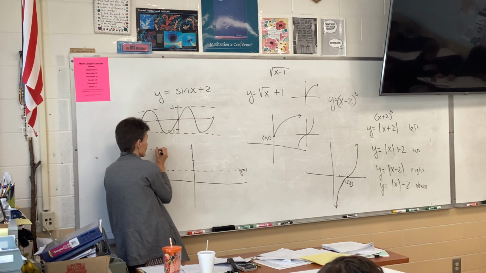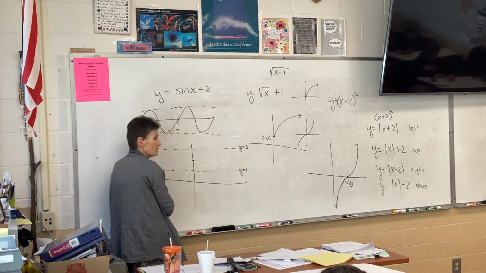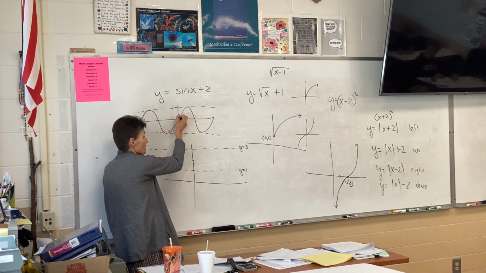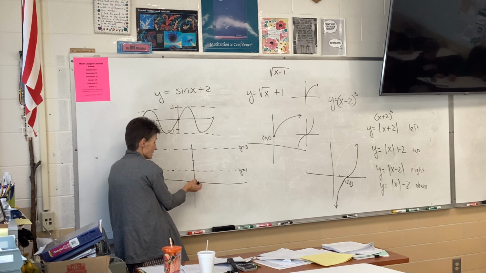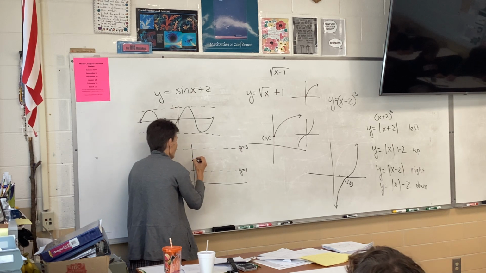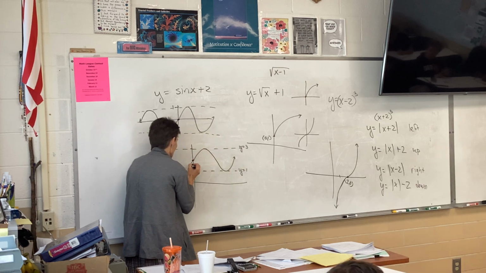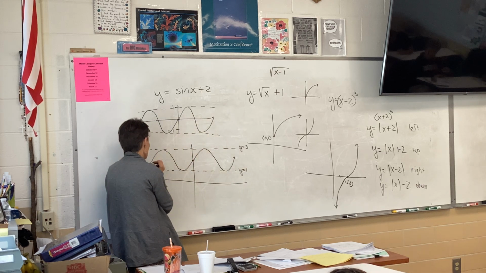At 3. Now remember, the origin was the beginning point of the hill, right? But it got moved up 2 also, so isn't it here now? So now I'm going to draw my hill and my valley, and my valley and my hill.